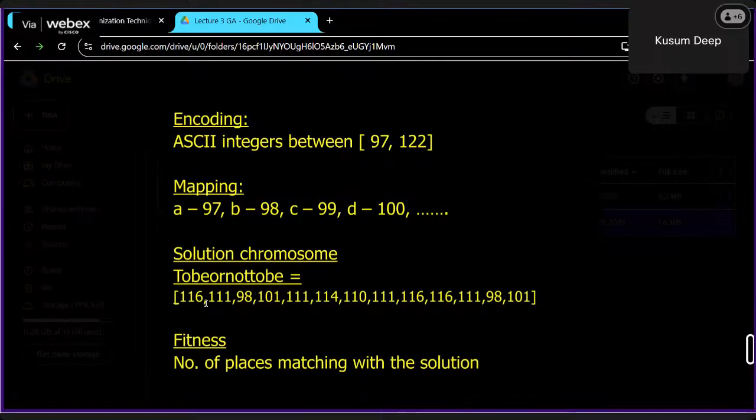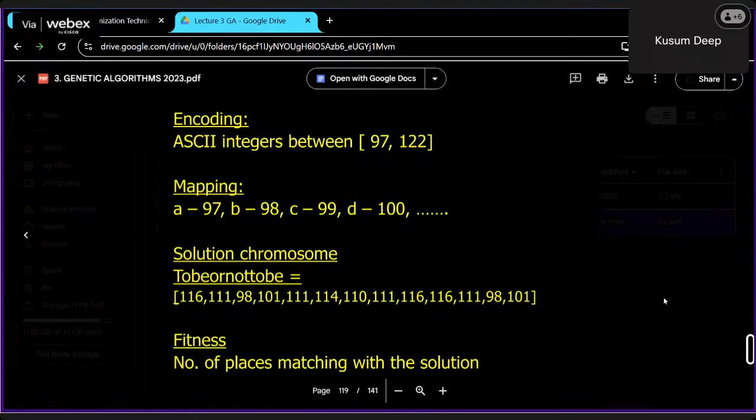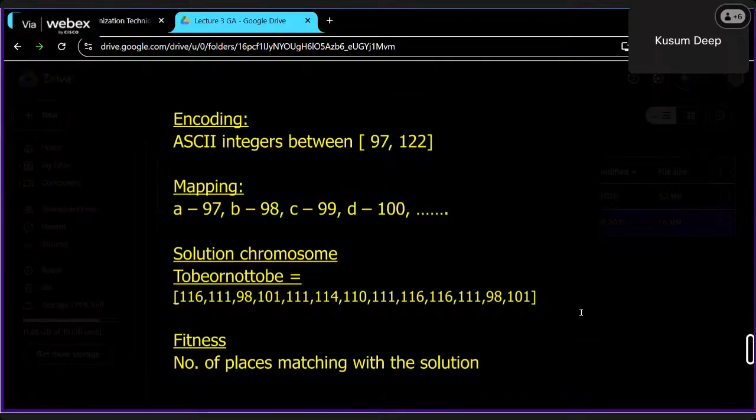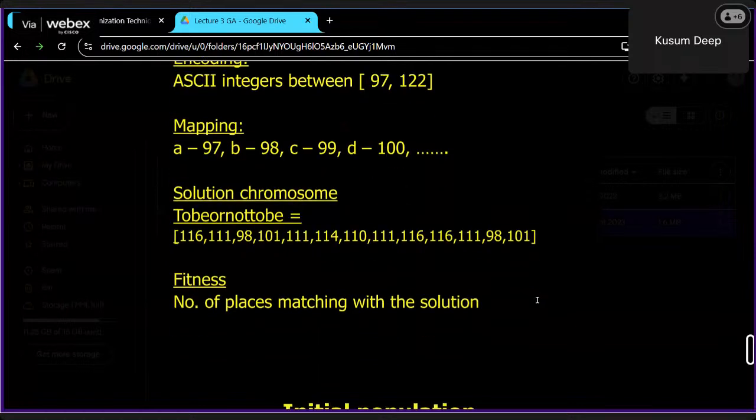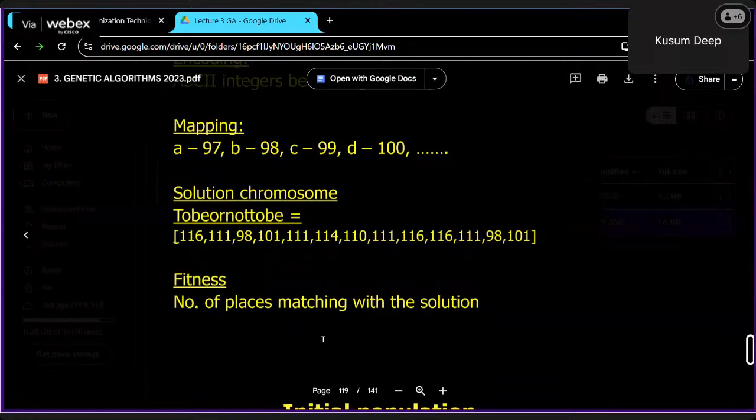It is 116, that corresponds to T. O corresponds to 111, and like this. So that's the way the encoding has been done. Next comes how to define the fitness, meaning how do you know which chromosome is fit and which is not? Therefore, we'll define the fitness as the number of places which are matching with the solution.